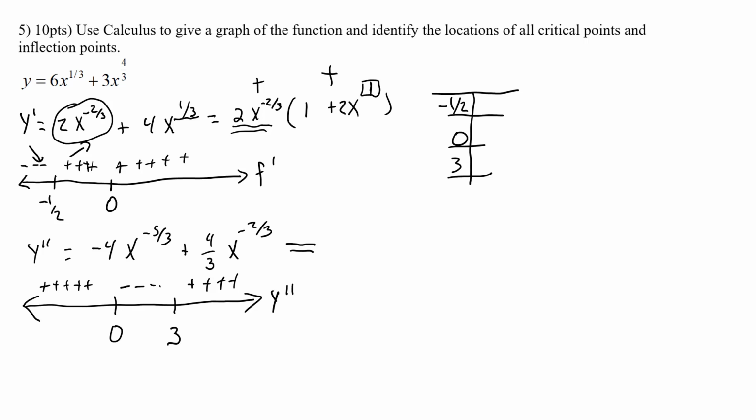You can just put the formula into the calculator. And when we put in negative 1 divided by 2, we get negative 3.572. Of course, when we put in 0, we get 0. And when we put in 3, we get 21.634.